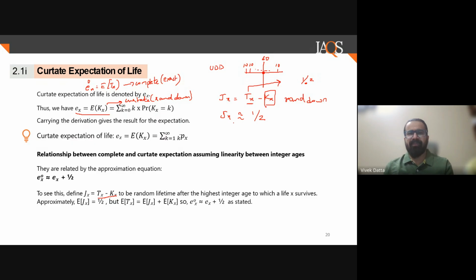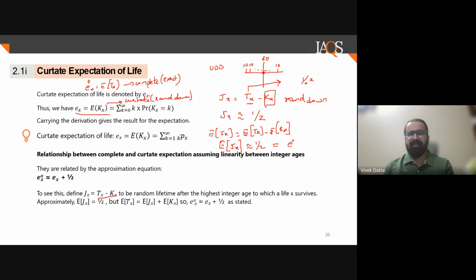Now, if I apply expectation to this, expectation of JX, what have we calculated? Approximately half. Expectation of TX is what?